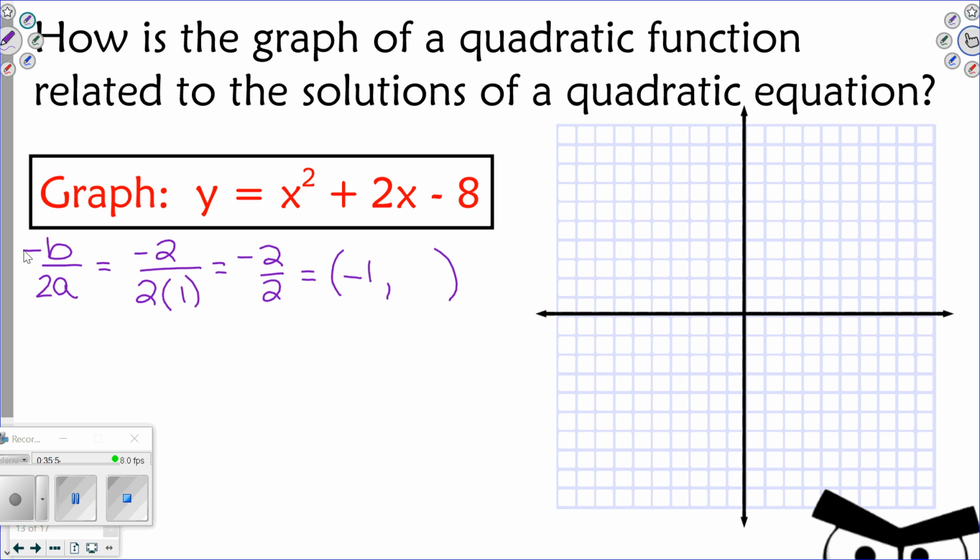So we'll plug that back in. So negative 1 squared plus 2 times negative 1 minus 8. I get negative 9. All right, guys, this is imperative. We're making this connection as we get through this problem, okay? So that's my vertex at negative 1, negative 9.